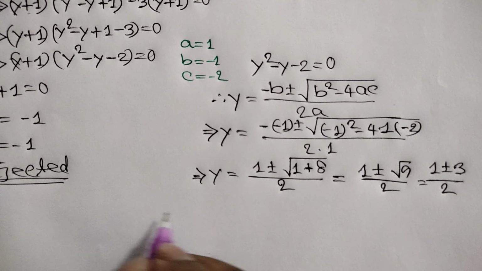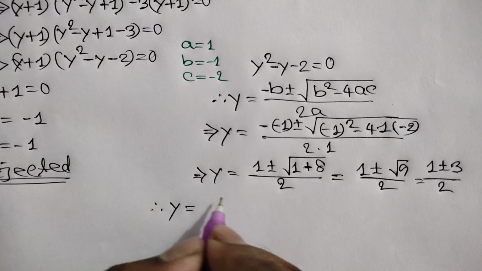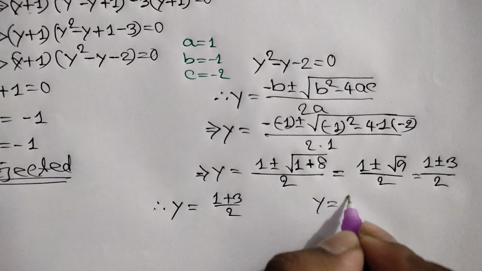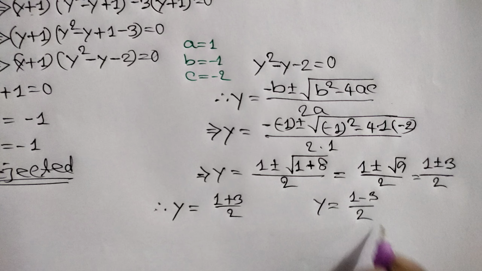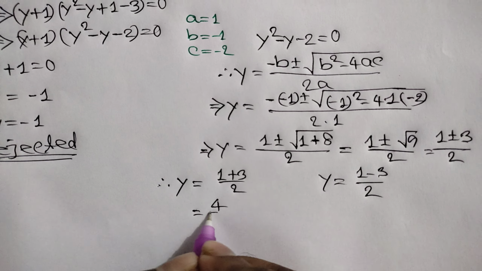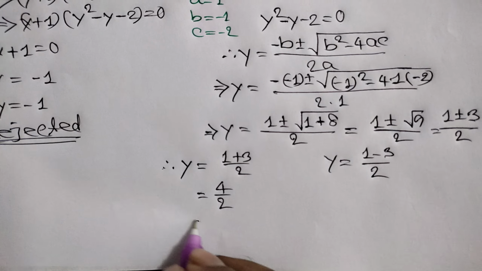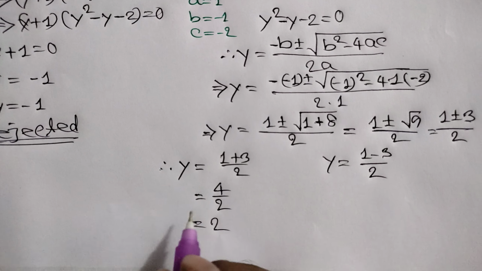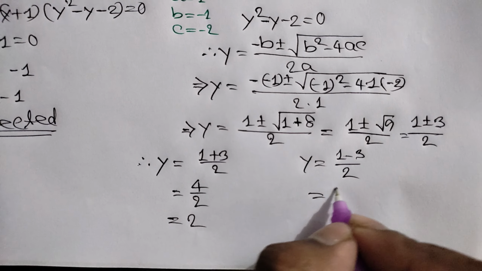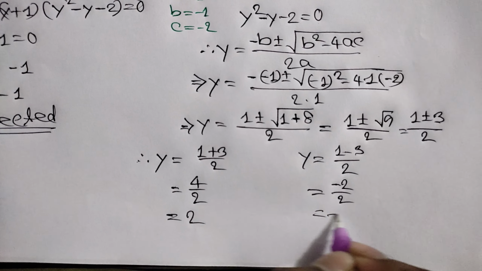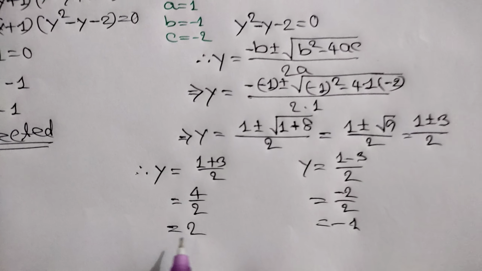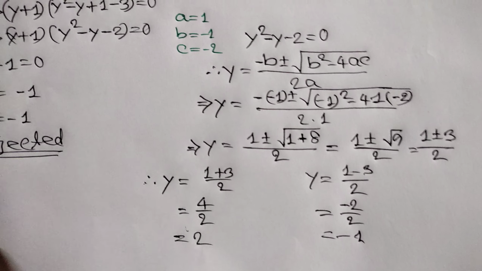So there are two values of y: y is equal to 1 plus 3 over 2, which is 4 over 2, equal to 2, and y is equal to 1 minus 3 over 2, which is minus 2 over 2, equal to minus 1, but this is rejected because it is a negative value. So finally we get y is equal to 2.